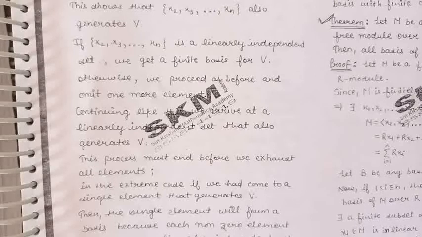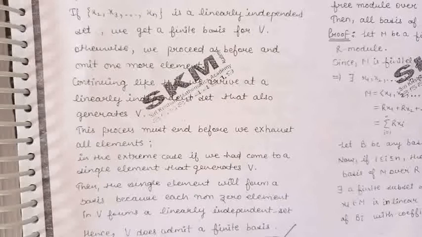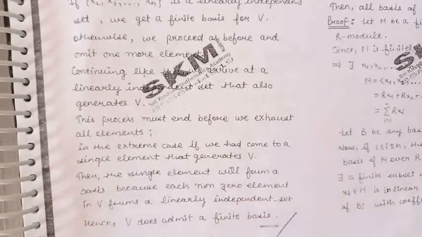In the extreme case, if we come to a single element that generates V, then the single element will form a basis, because every non-zero element in V forms a linearly independent set, and hence we can say that V also admits a finite basis.